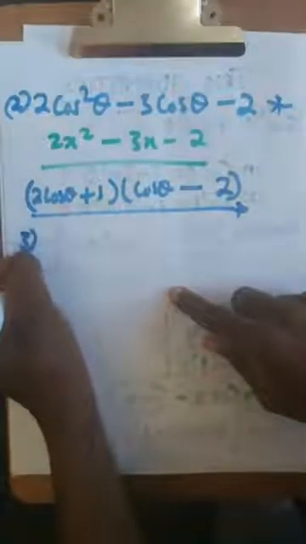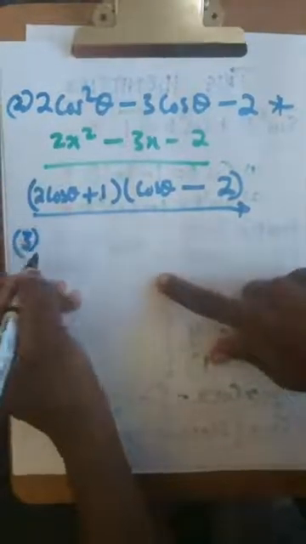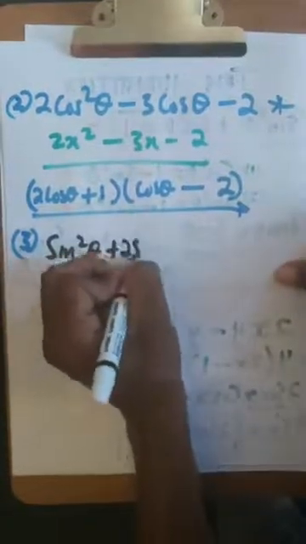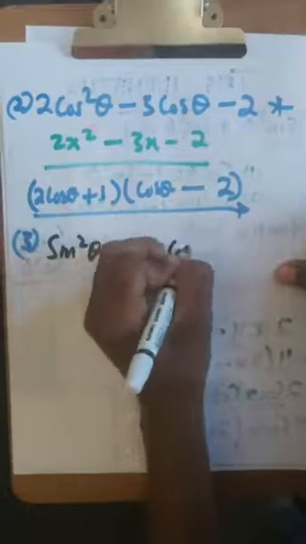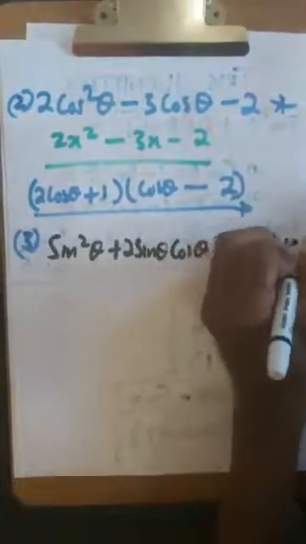Then number 3, we have another type of factorization that you need to know. Let's say, for example, I have sine squared theta plus 2 sine theta cos theta plus cos squared theta.